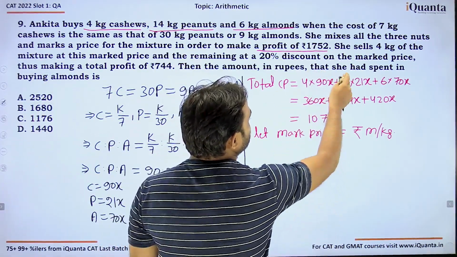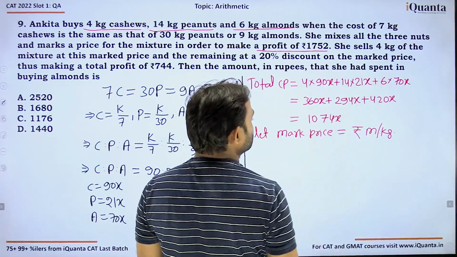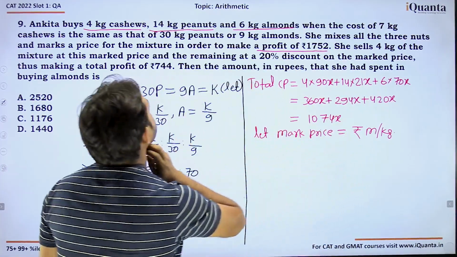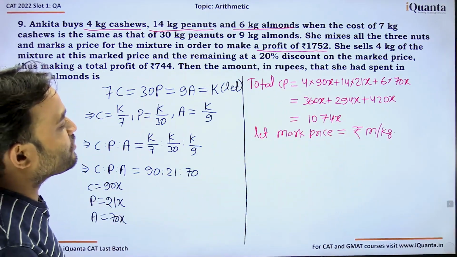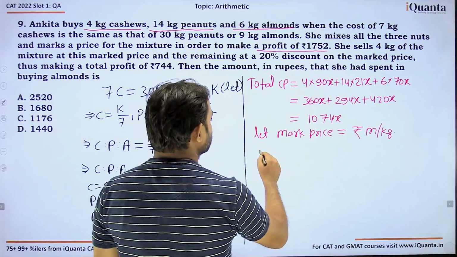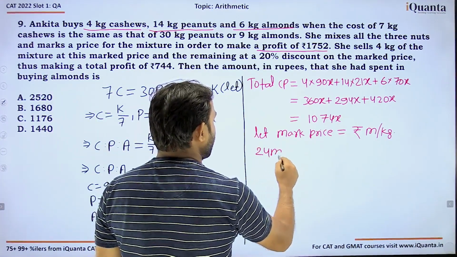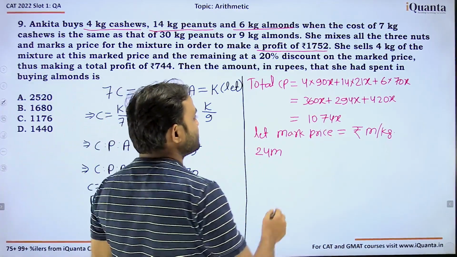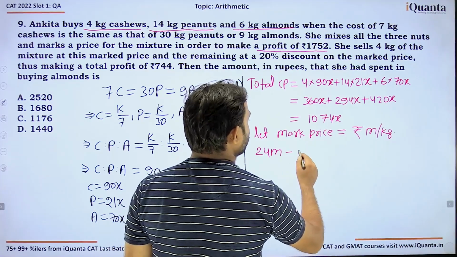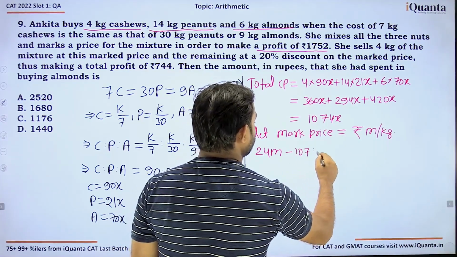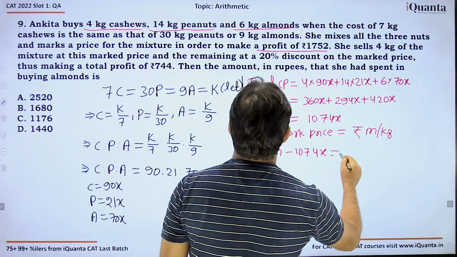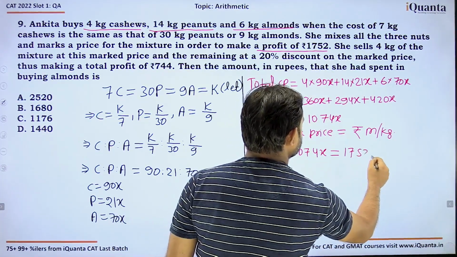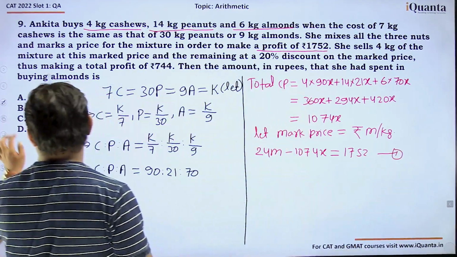How many kg? 14 plus 4 is 18, plus 6 is 24. So the total mark price will be 24m. If all the dry fruits are sold at this price, then the total profit will be 24m minus 1074x, and this should be equal to the given value, which is 1752. Let's say this is our equation 1.